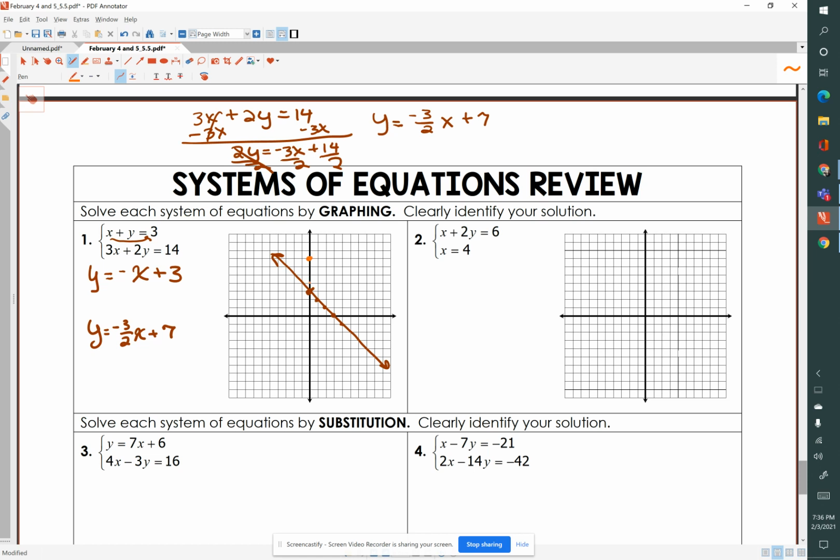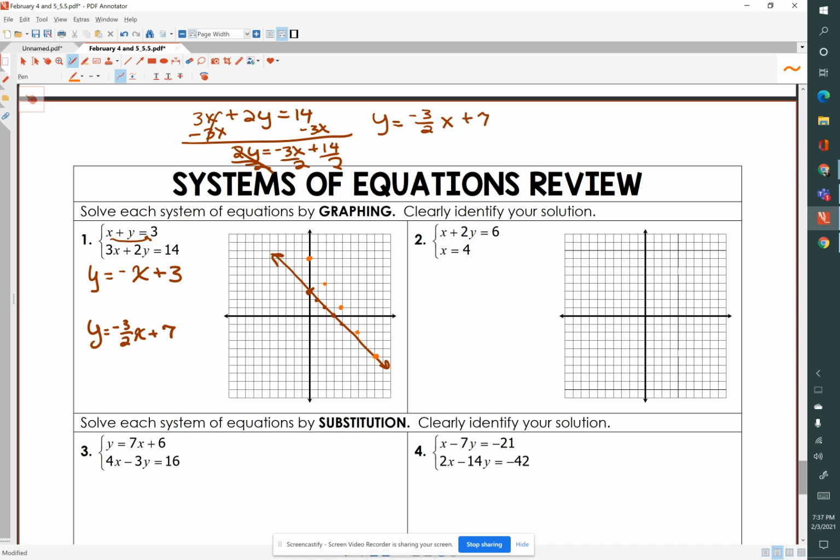1, 2, 3, 1, 2. 1, 2, 3, 1, 2. Well, there's our solution to the equation right there.